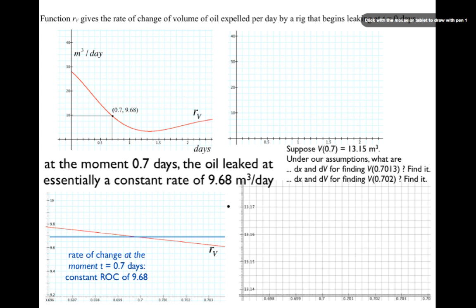And we said if we wanted to represent that rate of change at that moment, it would be a constant rate of change. So on a rate of change graph, that would be a horizontal line, right? So a horizontal line such that that rate is 9.68 through that whole moment.